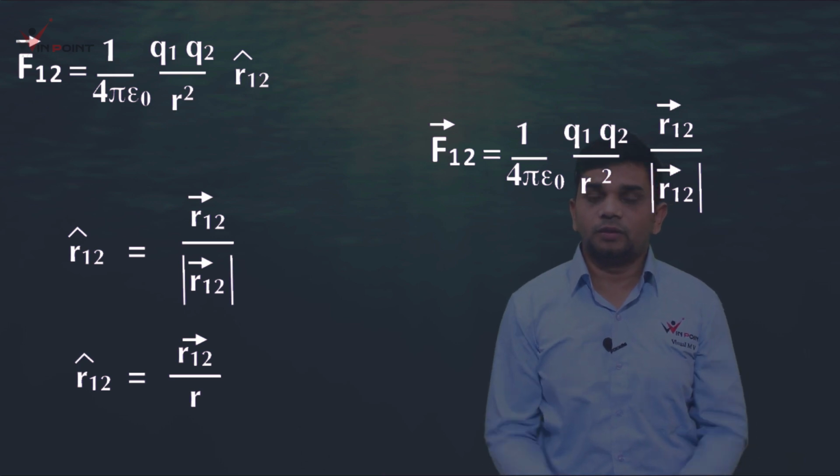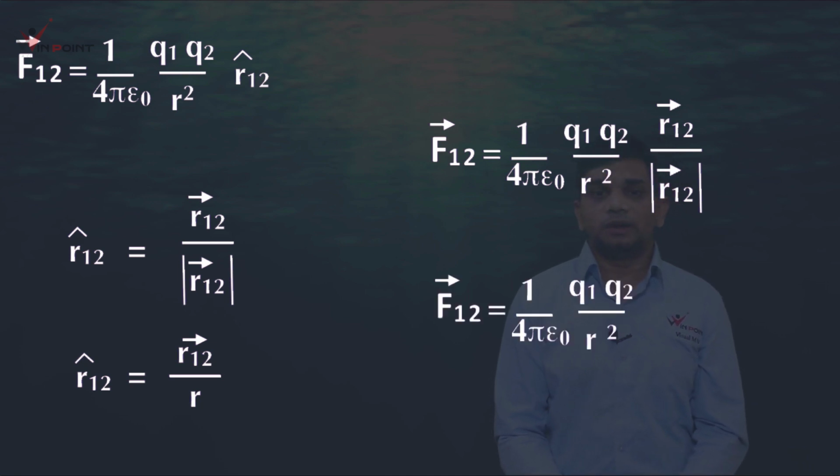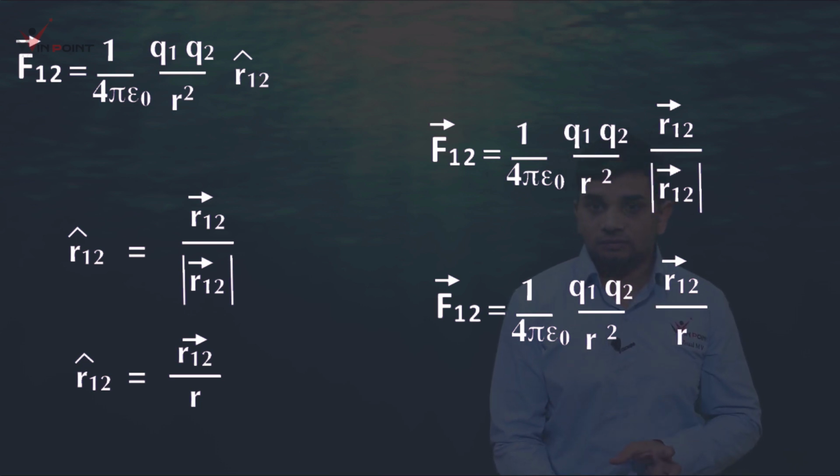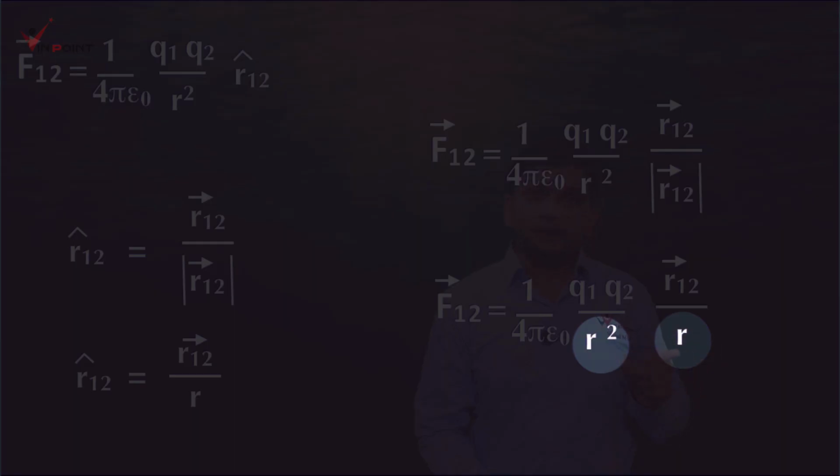This is the vector form of Coulomb's law. Instead of the magnitude of vector r12, we can use r. So F12 equal to 1 by 4 pi epsilon 0 q1 q2 by r square into vector r12 divided by r. The reason is that the magnitude of vector r12 is r. Here you can see r square and r; r square into r is r cube.